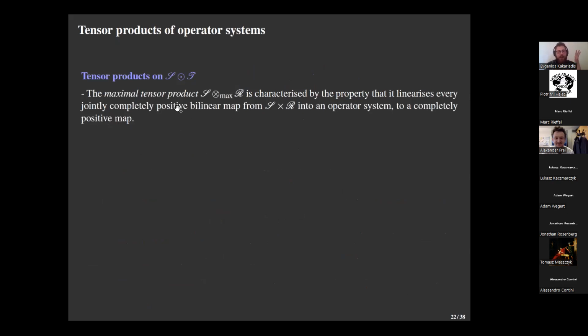The maximal tensor product, which is going to be the biggest one, is characterized by the property that it linearizes every jointly completely positive bilinear map from S times R into an operator system to a completely positive map.